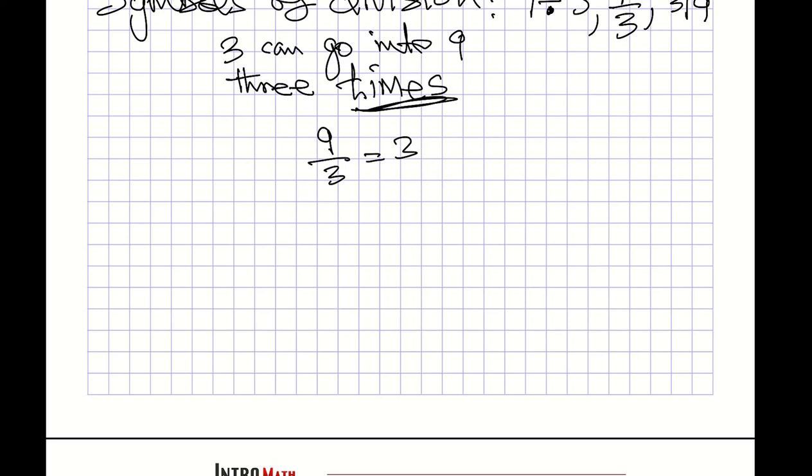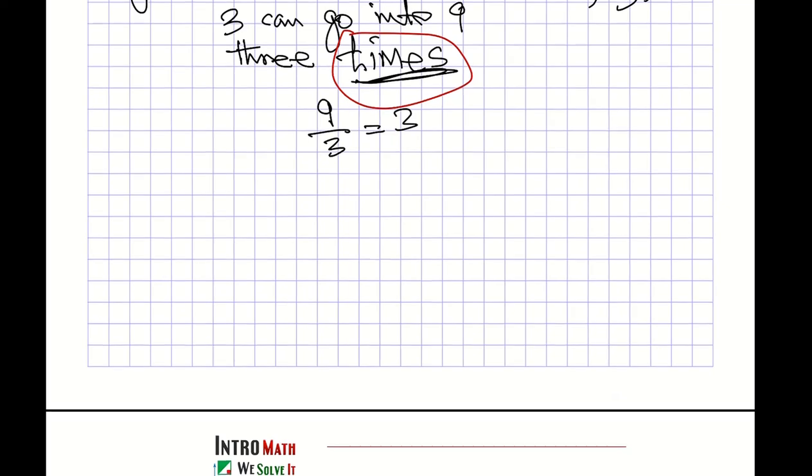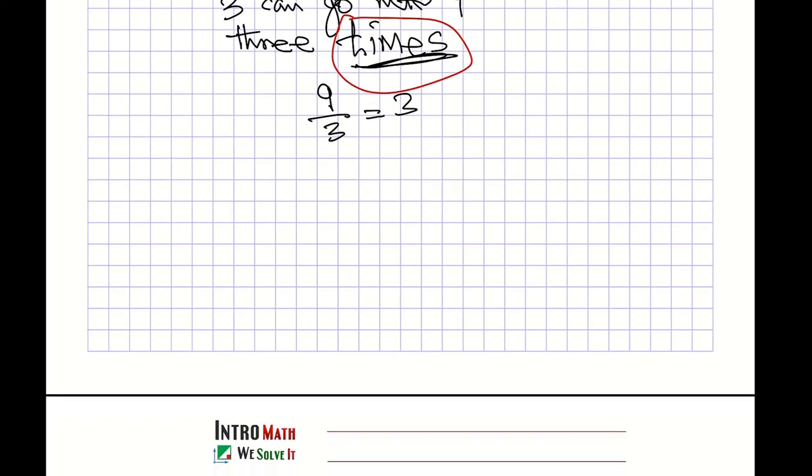When we use the word times, that means there's a relationship between division and multiplication, right? Because you see, 9 divided by 3 gives you 3. But then if you say 3 times 3, you get 9. See, there's a relationship there, right?